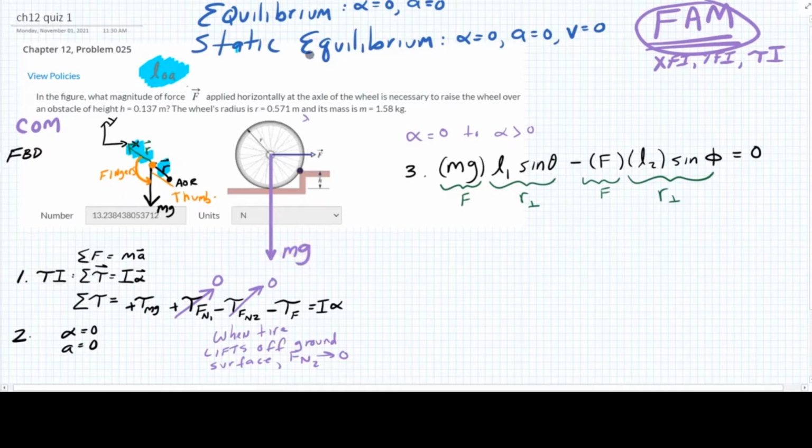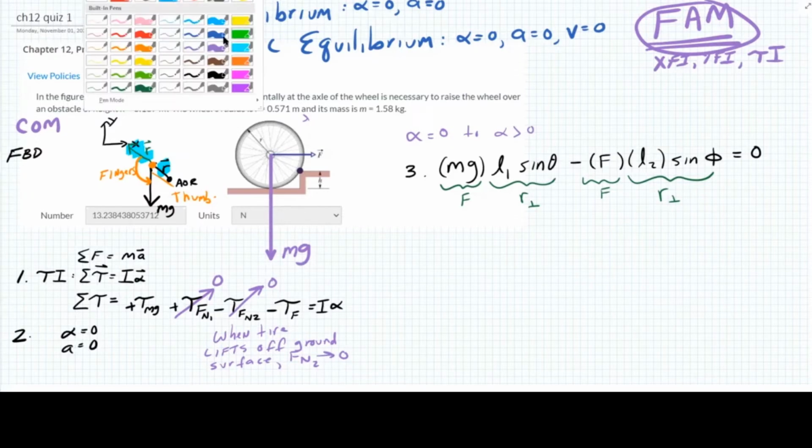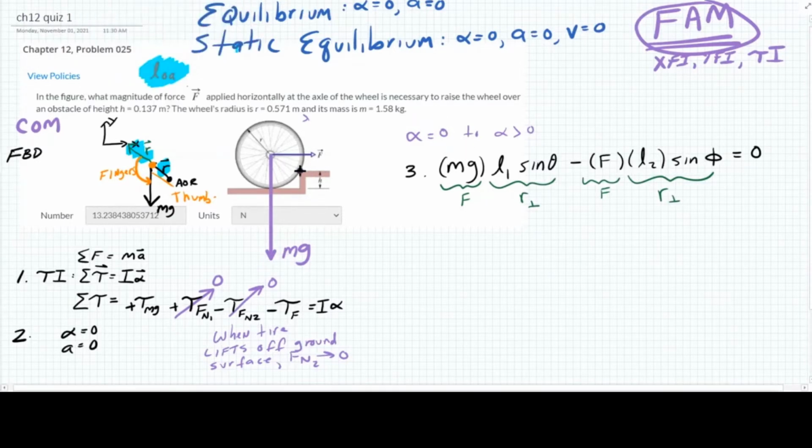Here is the distance between the AOR and the point of application, the position vector. So it's always the same, kind of cookie cutter-ish. Ready, set, go. That's it. So this is what I'm calling L1.